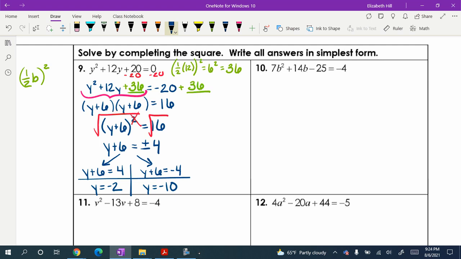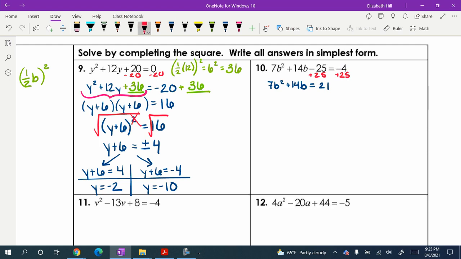All right, let's take a look at number 10. First of all, I'm going to bring over that 25, so I'm going to add 25 to both sides. So 7b squared plus 14b is equal to 21.